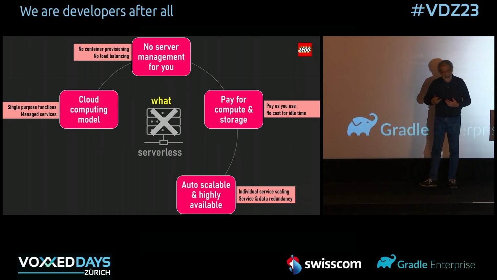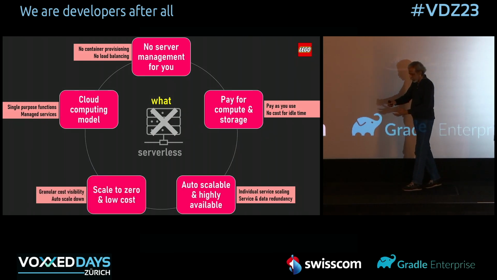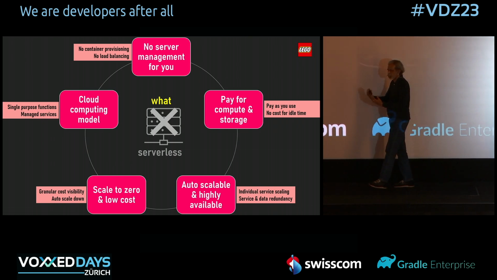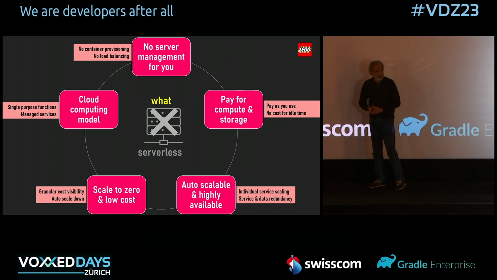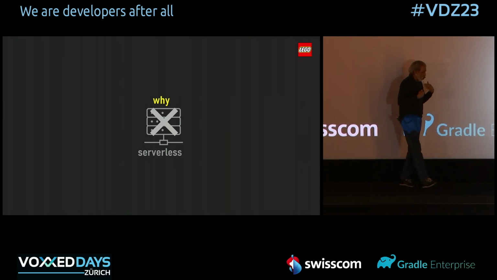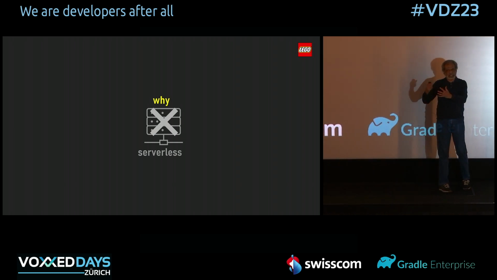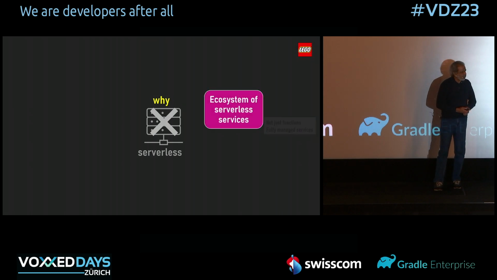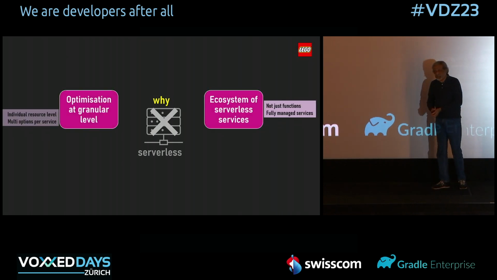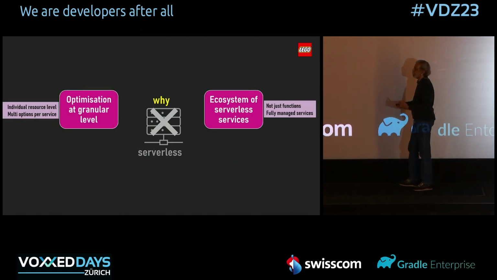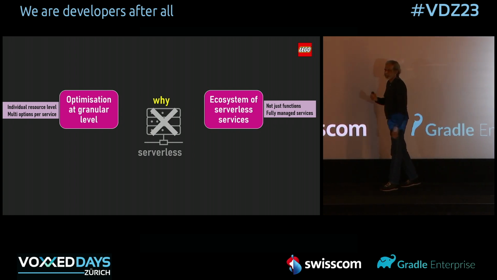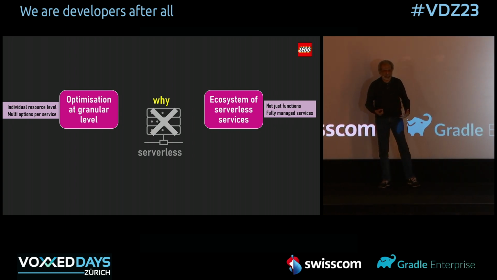You're not locked into having your containers running for long, etc. But for me, the why we need serverless is more important than what we think of serverless, because it's an ecosystem of many managed applications, not just function as a service or Lambda functions.